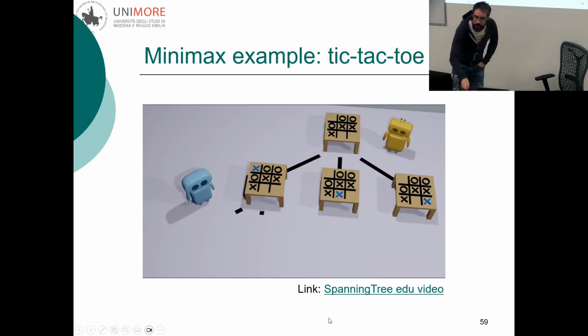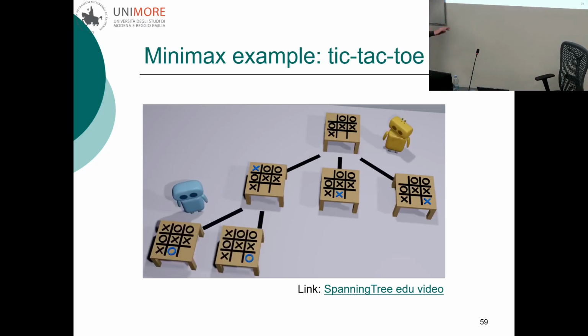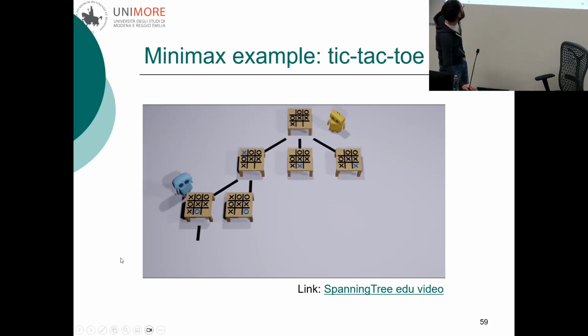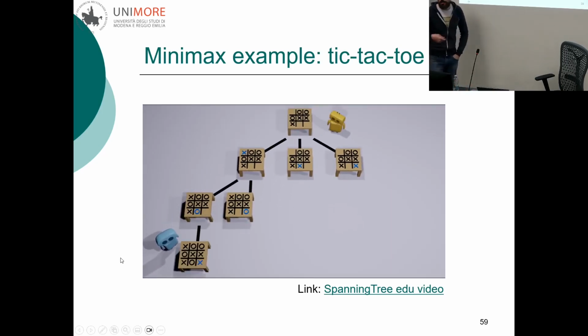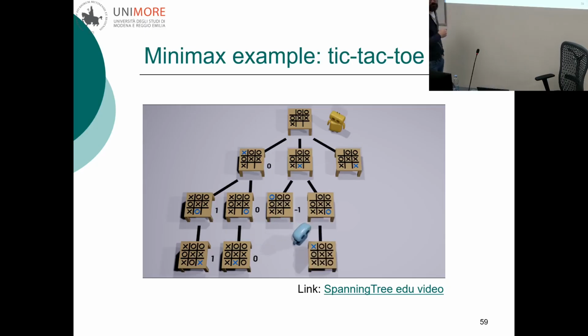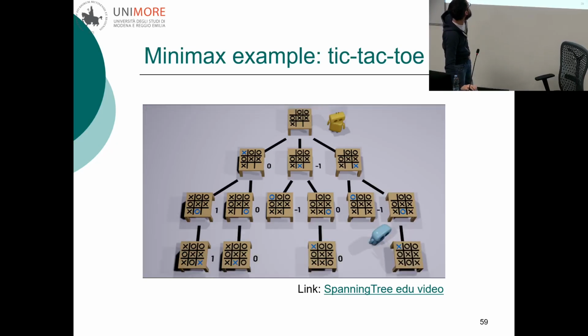Well, in that case, if the agent knows both of these things, the agent can actually build what is usually called a decision tree, a game tree, a state tree, whatever. This is basically the state transition function. Okay. The blue symbol is an action, and in which state that action leads, with the expected reward I can get from the state. So let's try to analyze better this tree.